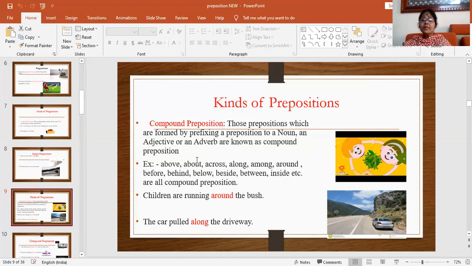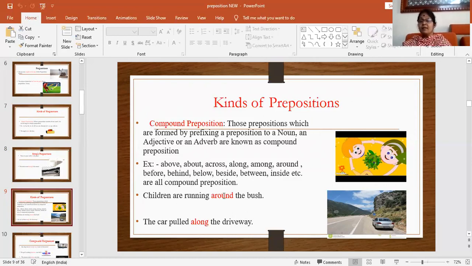Example: above, about, across, along, among, around, before, behind, below, beside, between, inside, etc. All are compound prepositions, right? Compound prepositions can be of two words, it can be of three words, right?